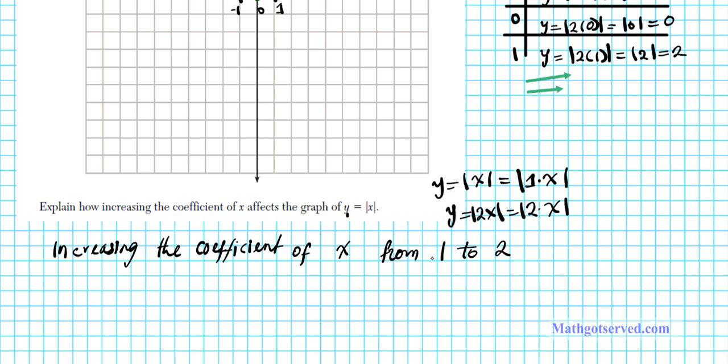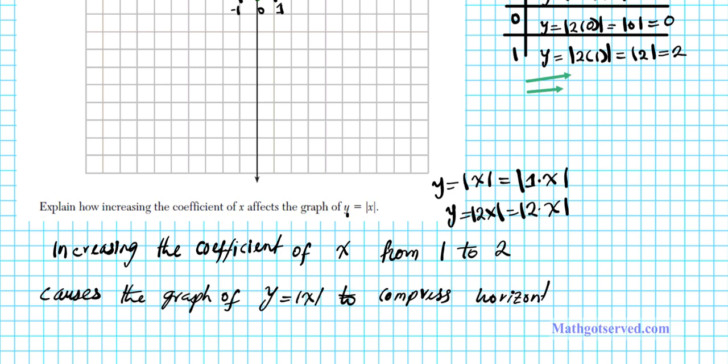So increasing the coefficient of x from 1 to 2 causes the graph of y equals the absolute value of x to compress. In what direction? To compress horizontally. All right, so that's that.